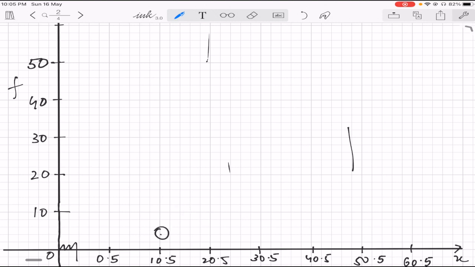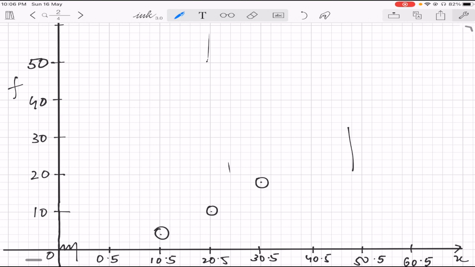Next is 10. 10 will be plotted against 20.5. The next cumulative frequency was 18. And always remember, cumulative frequencies are either in increasing order or decreasing. So the curve will be in the direction of increasing order.